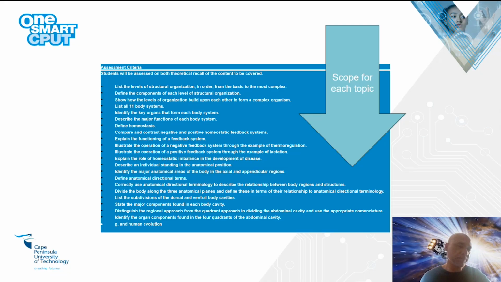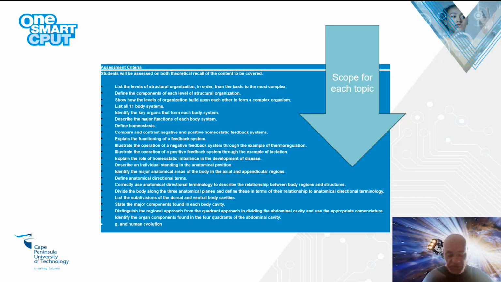I don't want to be one of those people that say there's no scope, just study everything, because I'm teaching applied anatomy, applied physiology most of the time, but we're also evolving that. We're going transdisciplinary, and we'll see where that goes. But the point of the slide is that all of these assessment criteria are in my study guide.